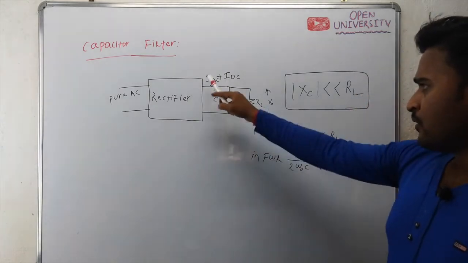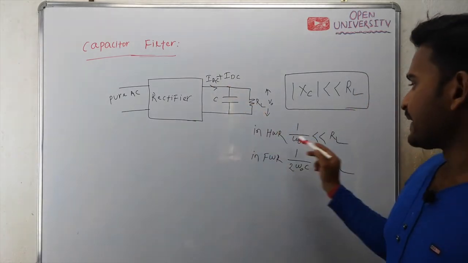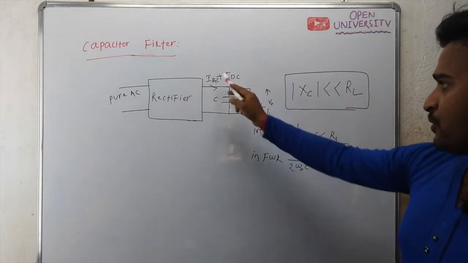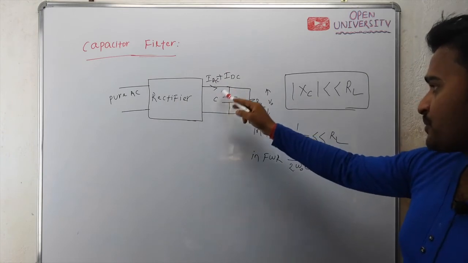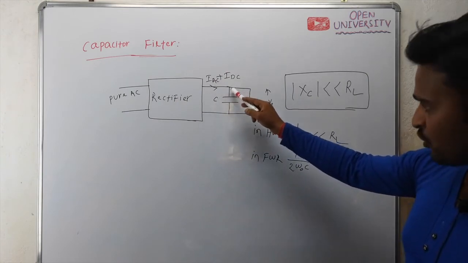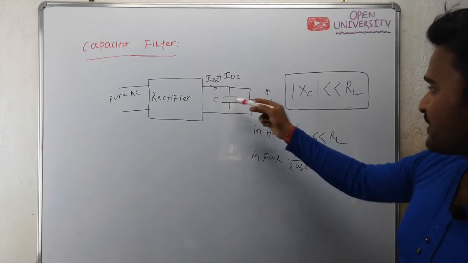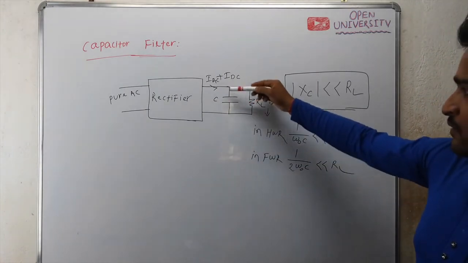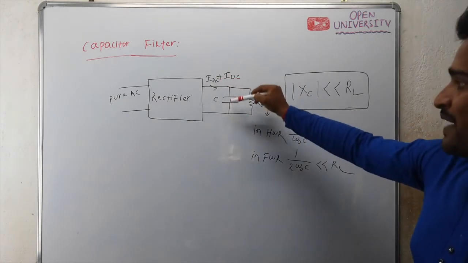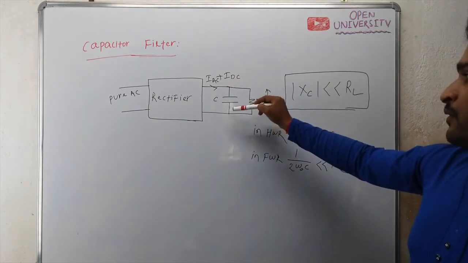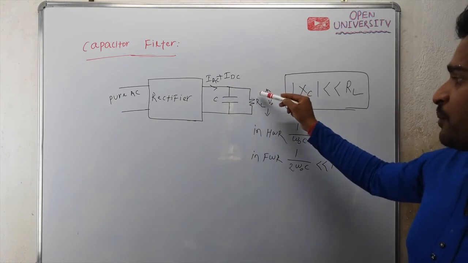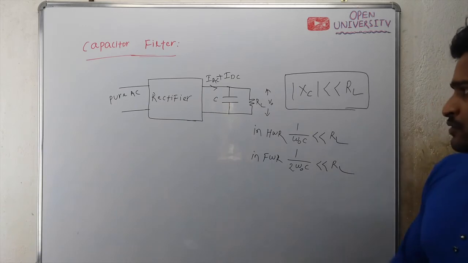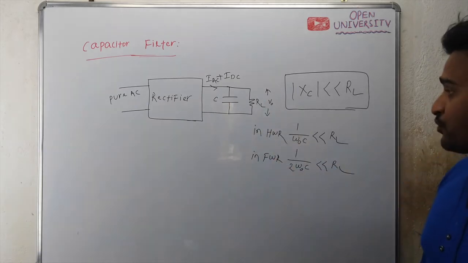Since the reactance of the capacitor is much smaller than RL, whatever AC component comes to this point will pass almost entirely through the capacitor. A very negligible amount of AC component will flow through RL, so in the output a little amount of AC component will be present.